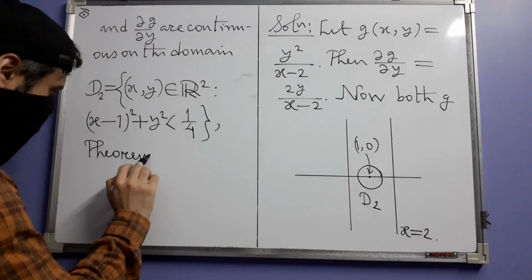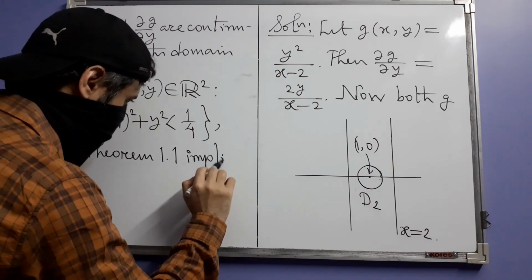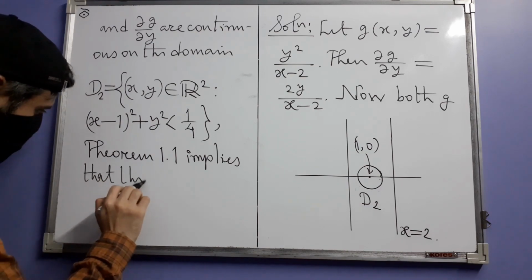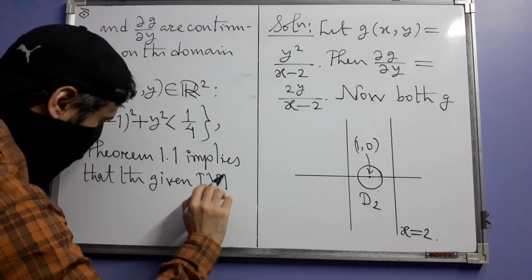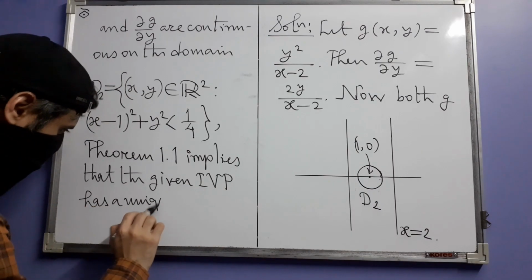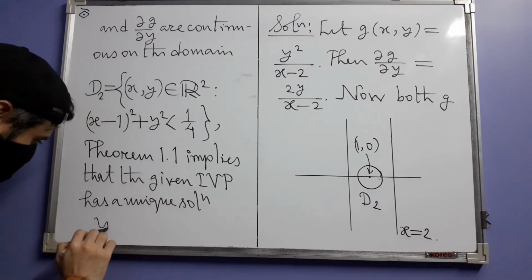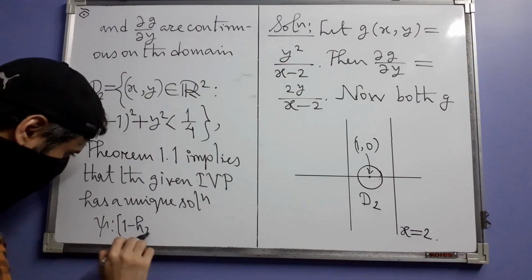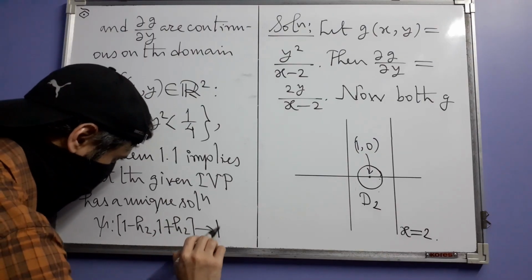So theorem 1 implies that the given IVP has a unique solution, some solution, let me call it psi, on the interval 1 minus h2 comma 1 plus h2.